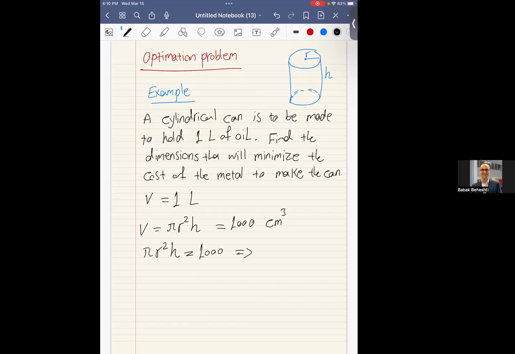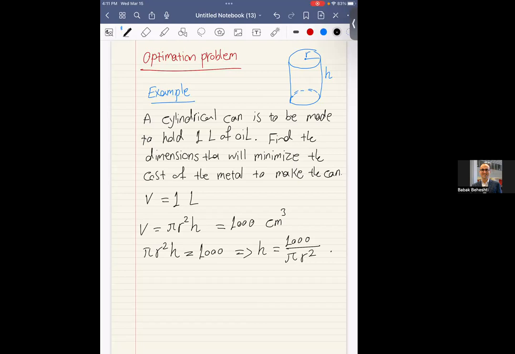So H is equal to 1,000 divided by pi R squared, where R is the radius of the cylinder.